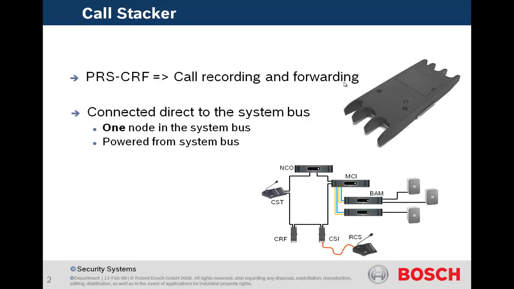It's connected up to the system bus, only one node in the system, and we'll go over nodes shortly, unless you've watched the network architecture video. It's powered up from the system bus.